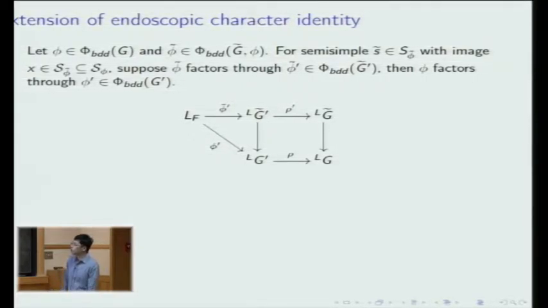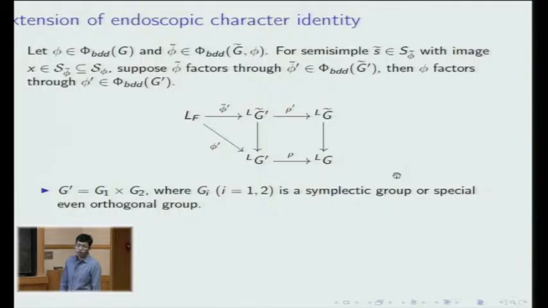And when you map to LG, you see psi will factor through an endoscopic group of G. And in this particular case, because G is symplectic or special even orthogonal, this G prime will be a product group. And this G1, G2 will be also symplectic or special even orthogonal, but of a smaller rank.